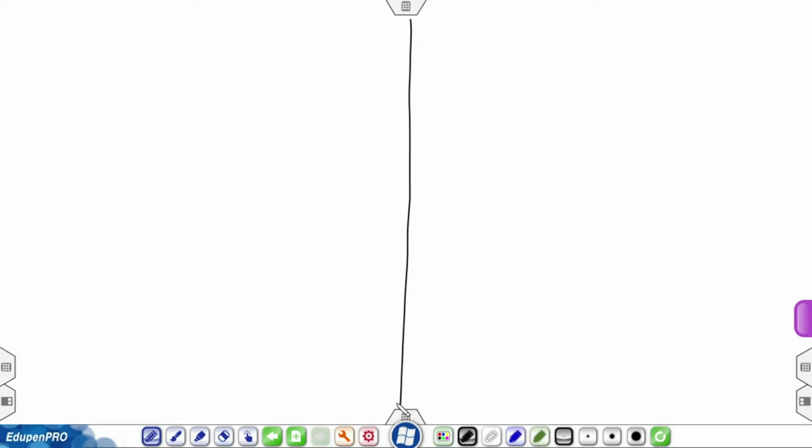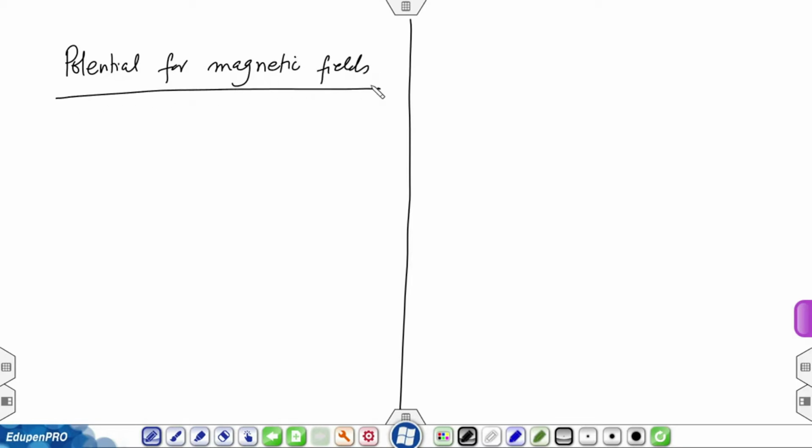So, our topic in this lecture is going to be potential for magnetic fields. And you will see that the potential is not quite like the electrostatic potential. So life does not become that much easier as in the case of electrostatic fields. Here the potential is a vector potential.